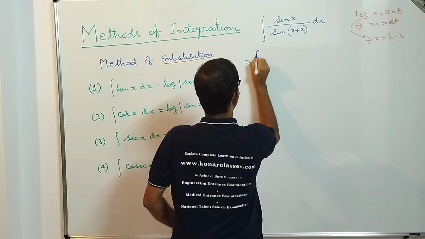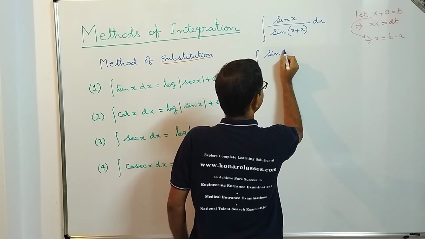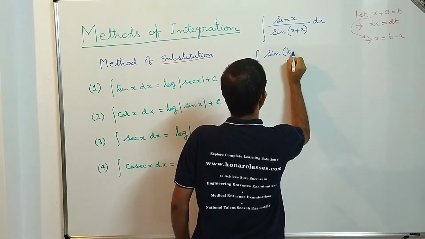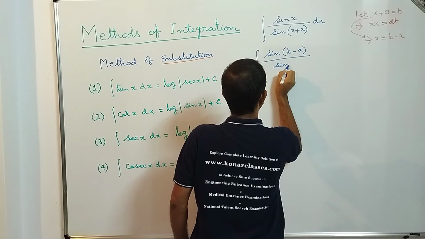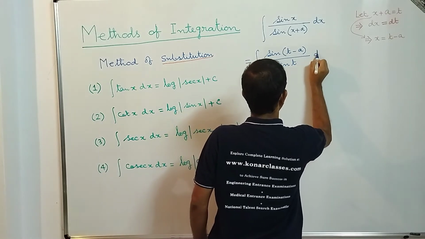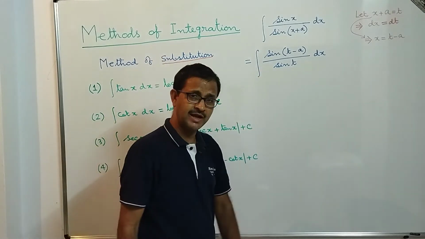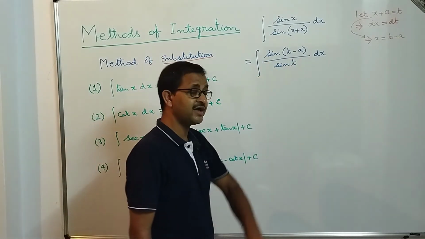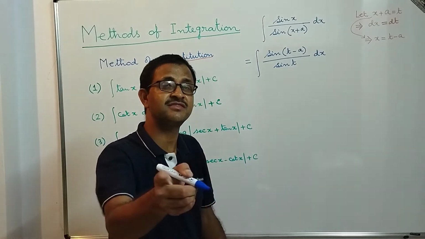So what we are going to get is the integration of sin of (t minus a) divided by sin t, dx. And that is easier to calculate, because you can apply the sin(x minus y) formula: sin x cos y minus cos x sin y.